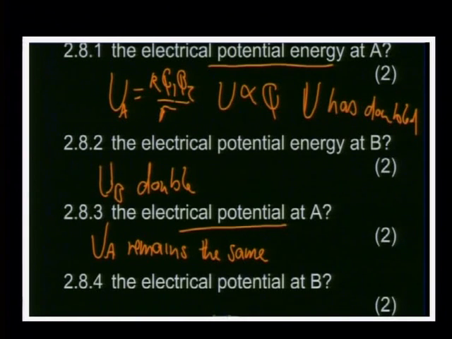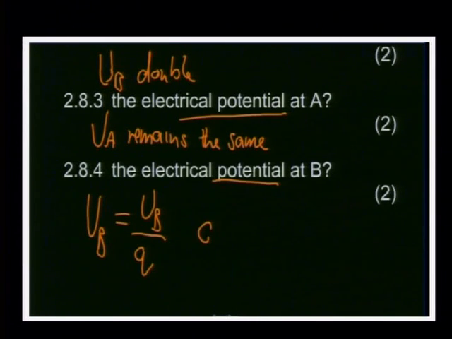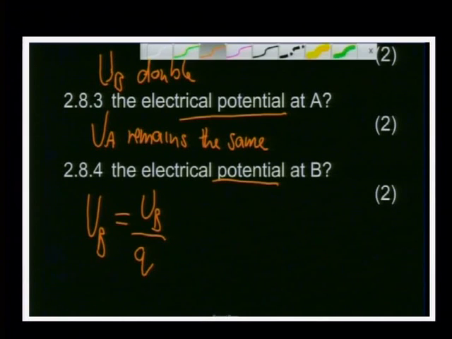And similarly, what we would say is the electrical potential, which is VB. Now remember what that is. It's UB divided by the charge, which was Q. And UB, which would have been the double one, divided by that charge, is going to still be the same. It's going to remain constant. It's not going to change.